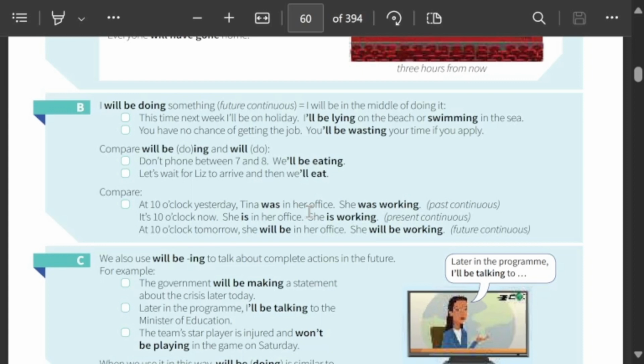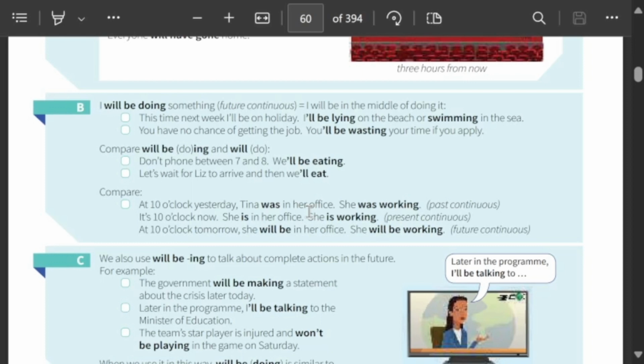Don't phone. Phone is a verb, right? Phone is to call. What tense do you think it is? Present simple. Are you sure? Yes, it's present simple. Don't phone. And it's like an order. Don't phone between 7 and 8.